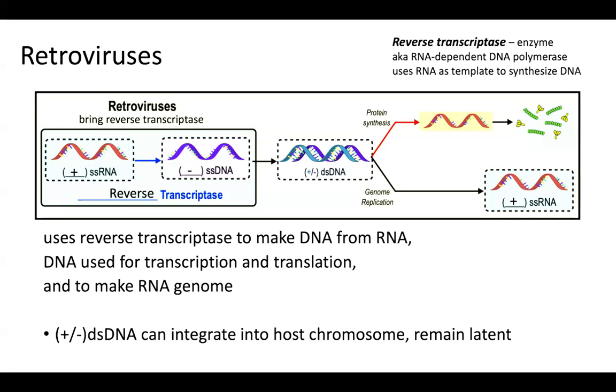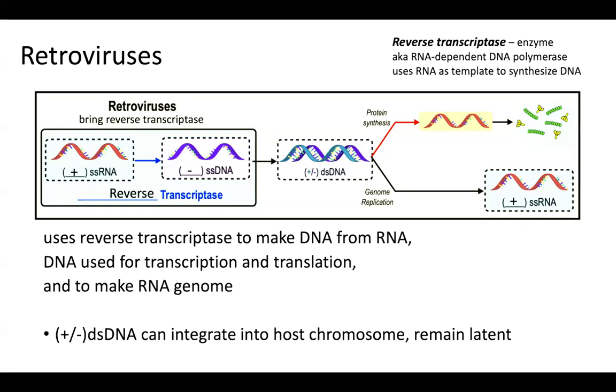All right, there are retroviruses that start off with DNA as well. I won't go into that too much, but they can replicate their proteins just using the host information.